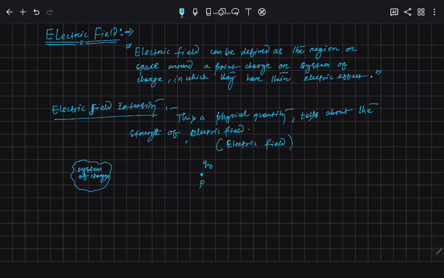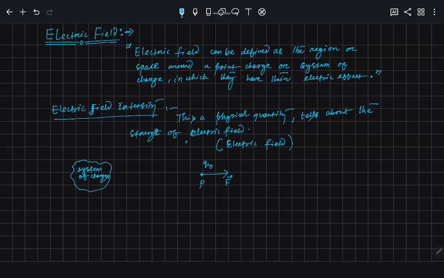This is called a test charge. We will talk about this test charge. Now you know that if the system of charges is, let's say, positive, obviously q naught will be repelled by this system of charges, right? And let's say this force is F.